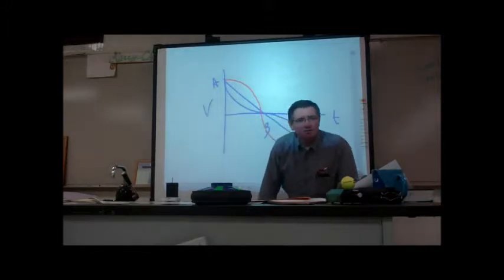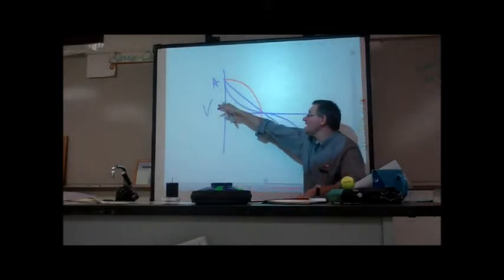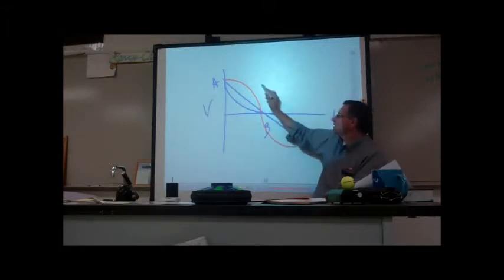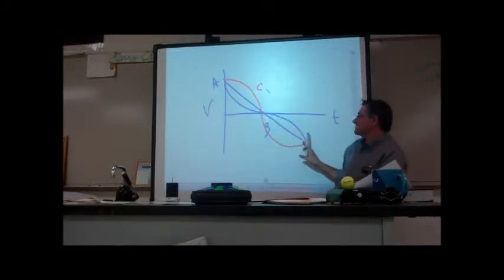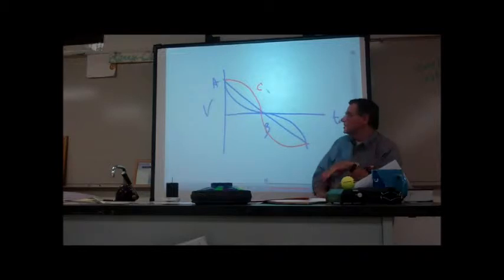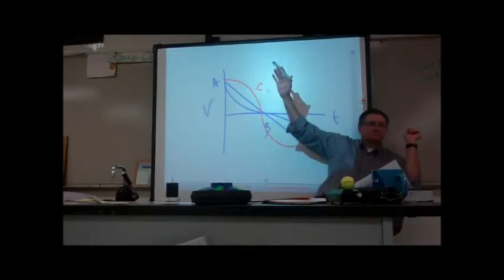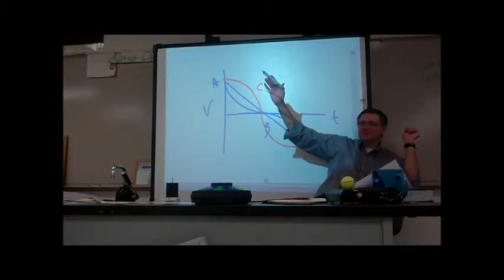Okay, so you have A, then you have boring B, and then you have C, which is kind of the flip of A. So how many vote A? 1, 2. The Reeds vote A.